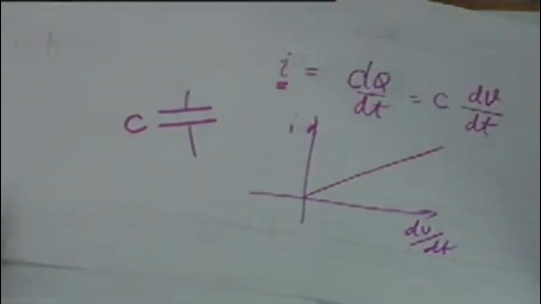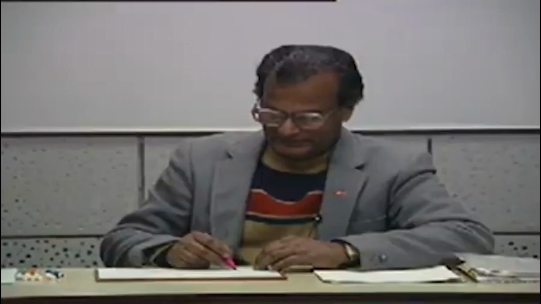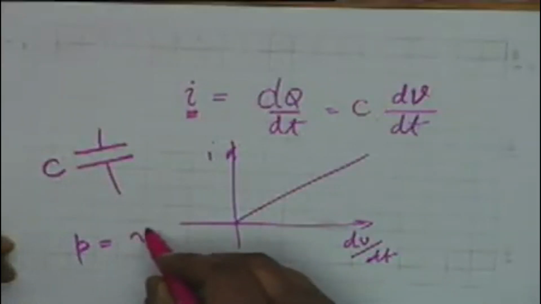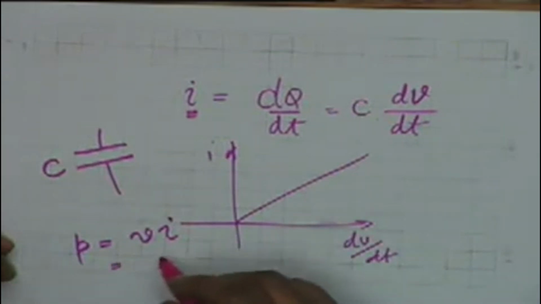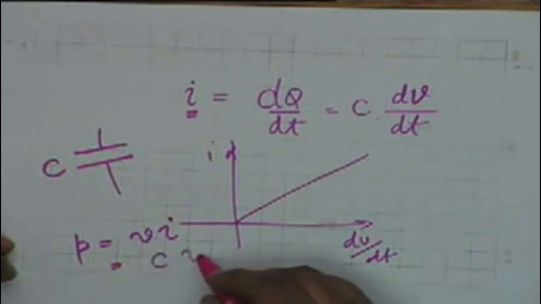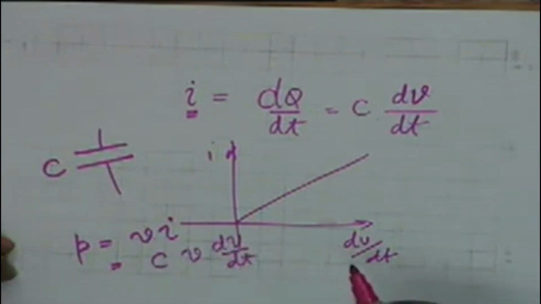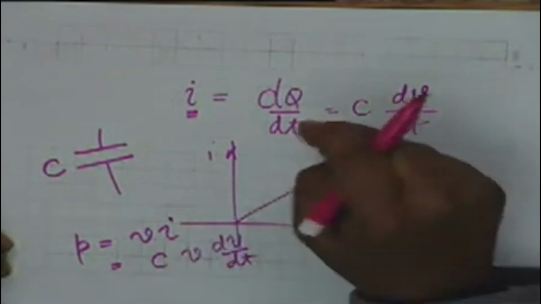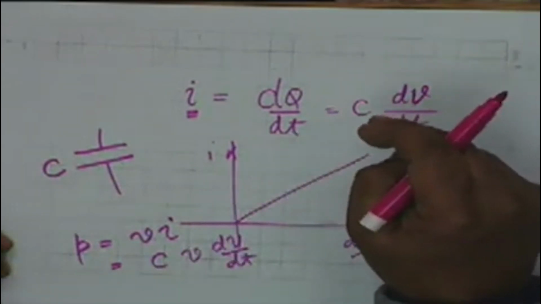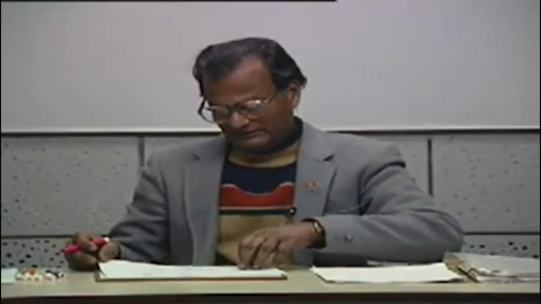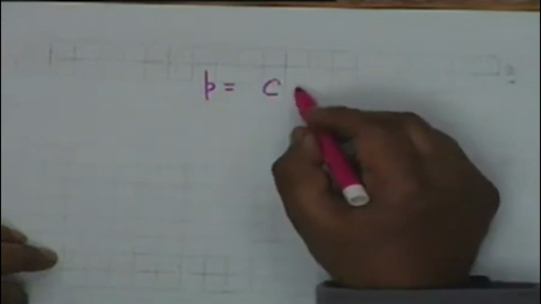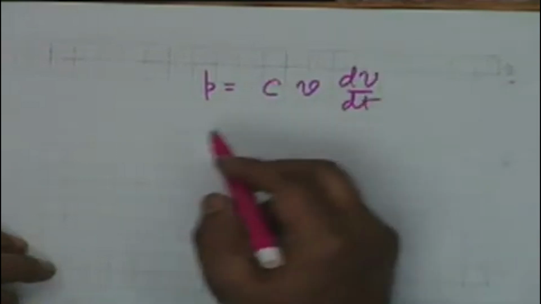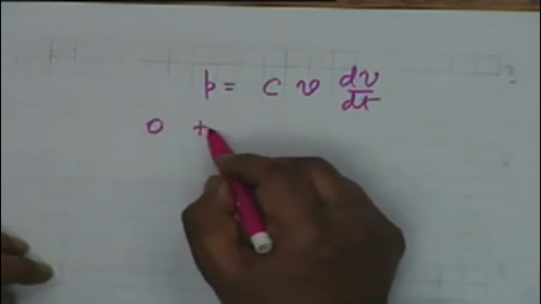Similarly, what about the energy? The power, again in this case, is given by VI. Power is the product of voltage and current, and since I is C dv/dt, therefore power is C v dv/dt. And therefore if we charge a capacitor from 0 voltage to a voltage, let us say capital V, P is equal to C v dv/dt.